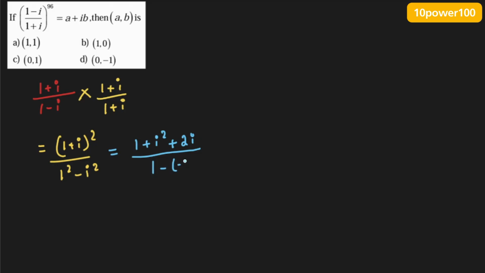The i square value is minus 1. Next, solving further, we get (1 plus i square, which is minus 1, plus 2i) whole divided by 1 minus of minus 1, which becomes 2.